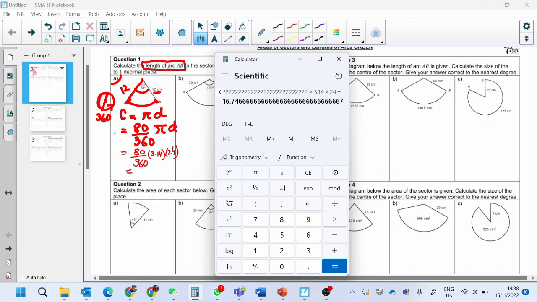That gives 16.746. We can write it as 16.75 because the next 6 is greater than 5. But it says one decimal place, so if it's one decimal place, then 16.7 is enough, right?